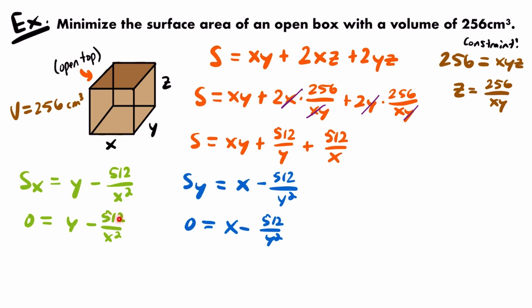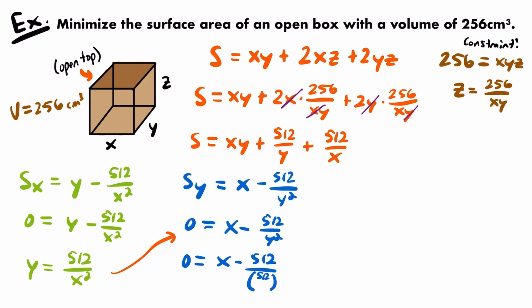So if you add 512 divided by x squared to both sides of the equation, we'd get y is equal to positive 512 divided by x squared. All right, so now I want to plug that in for y in this equation. And so doing that, we will get 0 is equal to x minus 512 divided by y squared, where y is 512 divided by x squared.